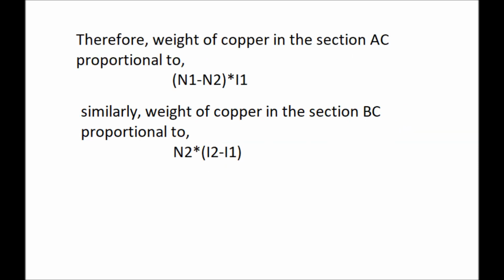Therefore, as I1 current is flowing through the portion of the winding AC, the weight of the copper in the section AC is proportional to N1 minus N2 into I1. Similarly, the weight of the copper in the portion of the winding BC will be N2 into I2 minus I1.